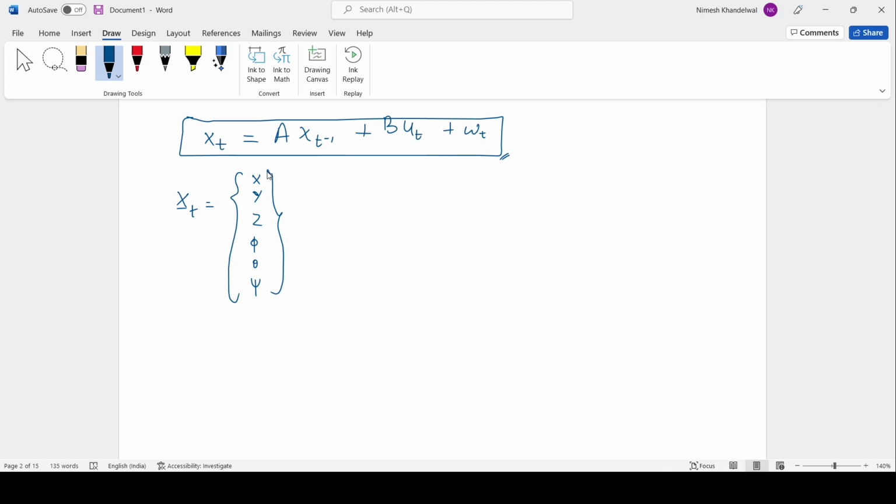Along with their rates of change, they describe completely the behavior of the robot. Can I say that? Yes, right. If I have both of this information, I can predict what the next state will be.